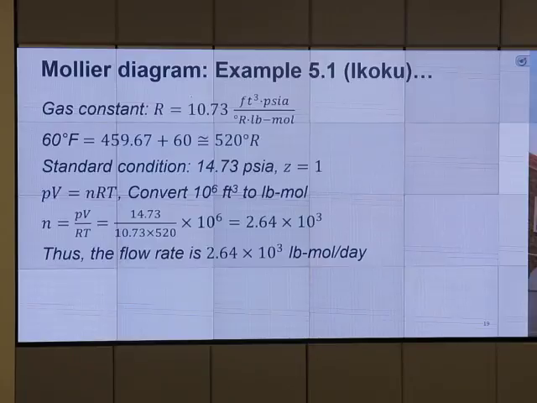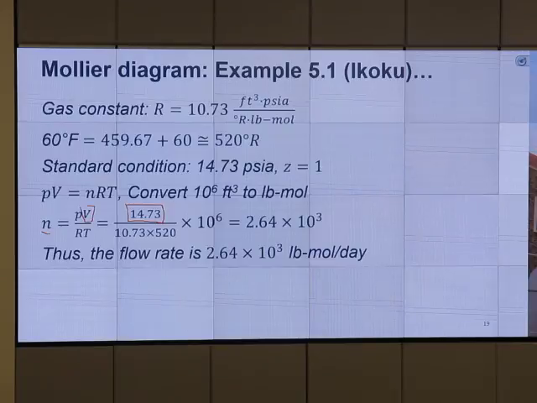We did this early on, right? And we can do it several ways. Right now, I show you how to do it by just using PV equal to nRT. So N, number of mole. Z is 1 because 14.74 psia and 60F gas has compressibility factor equal to 1. So P is the reference pressure.